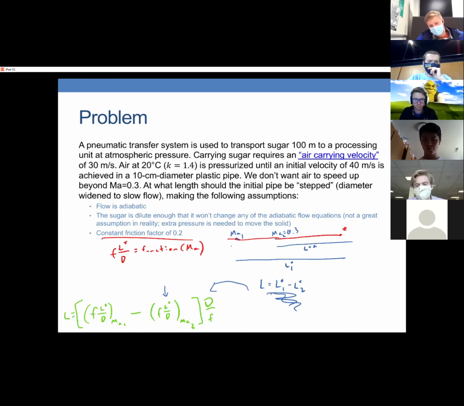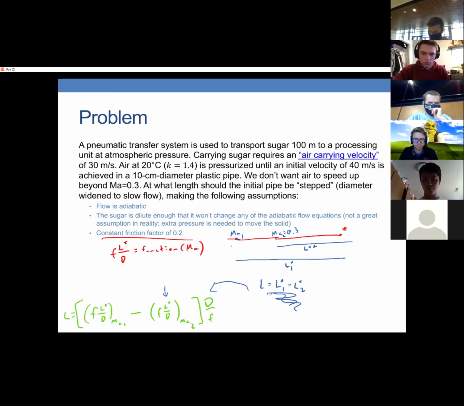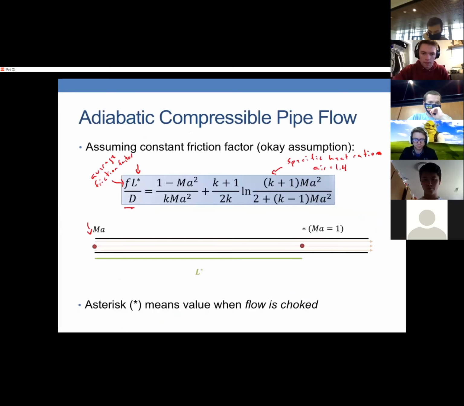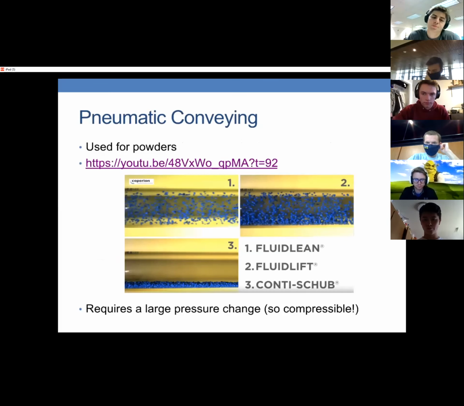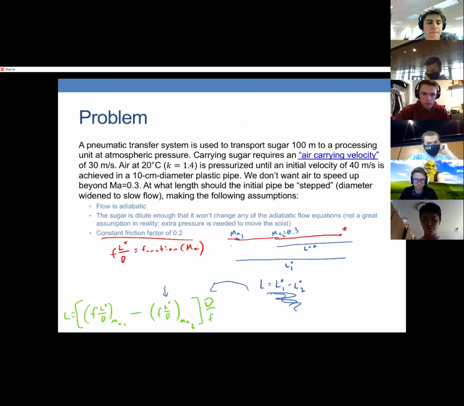F L star over D comes from this equation right here. So this equation gets you f L star over D for the two Mach numbers. And then if you have f L star over D, f and D are the same, so then you multiply by D over f to get L.